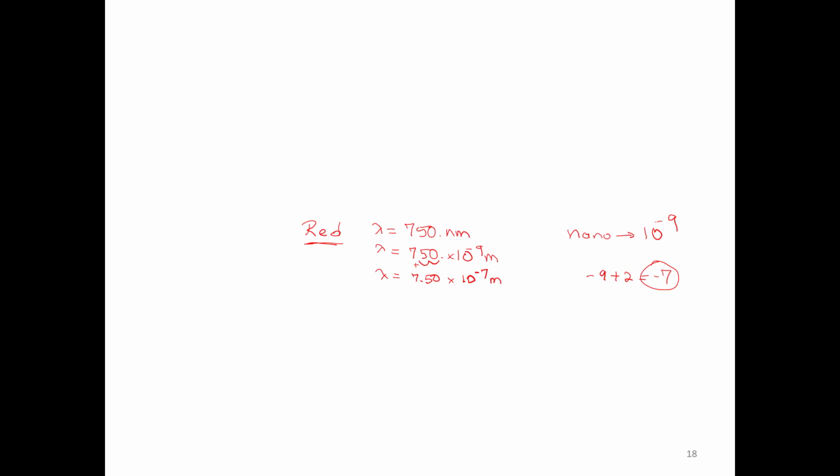These are 3 different ways we can express the wavelength for red color. And here we have all the other colors, and we can express them in a similar way.